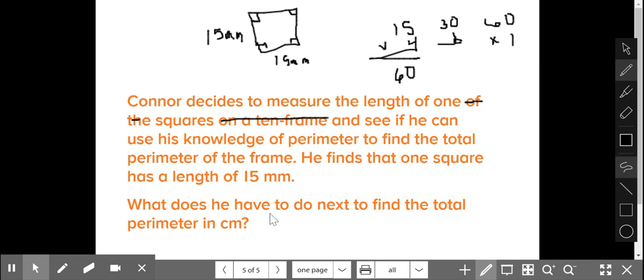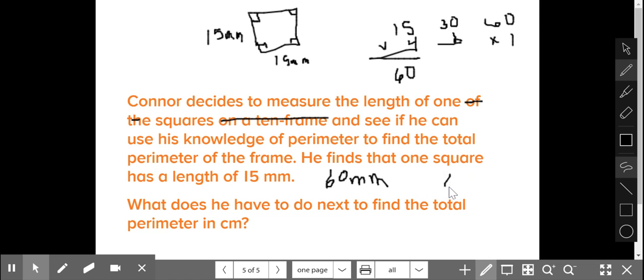So what does he have to do next to find the total perimeter in centimeters? Once he finds the 60 millimeters, that is the measurement around the perimeter. Now he wants to calculate what it is in centimeters. Well, every centimeter has 10 millimeters.